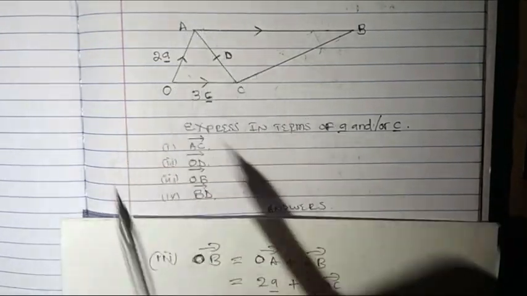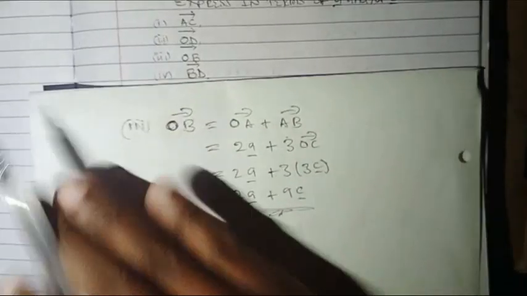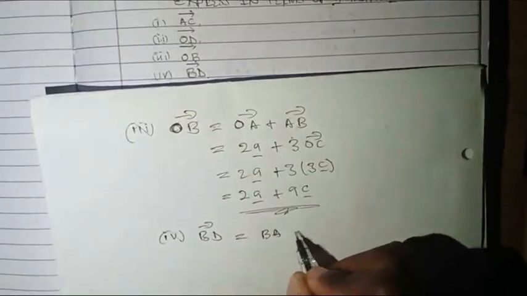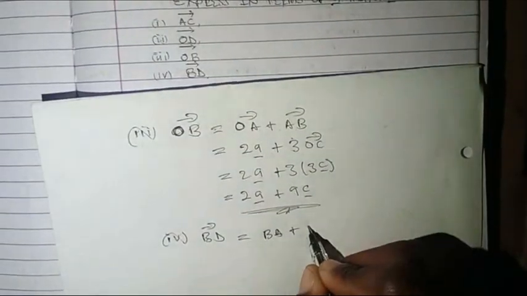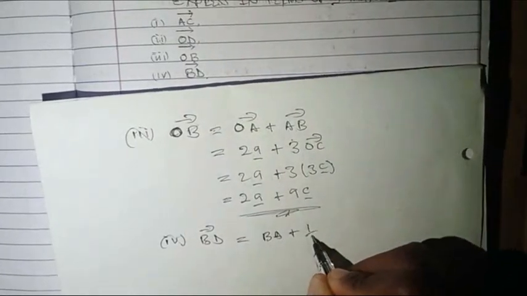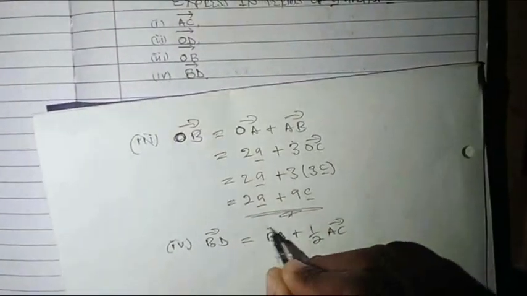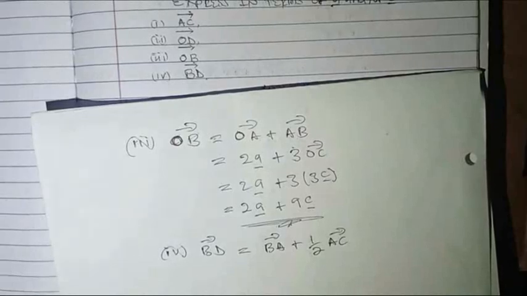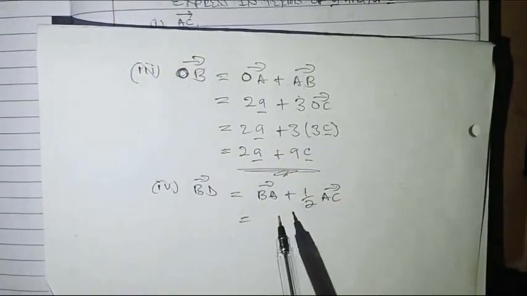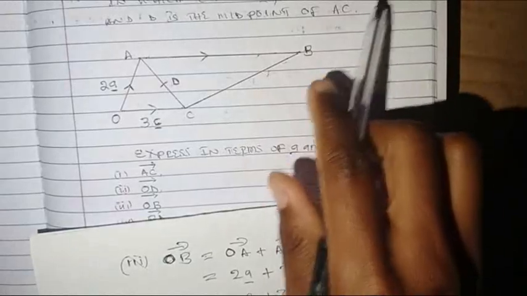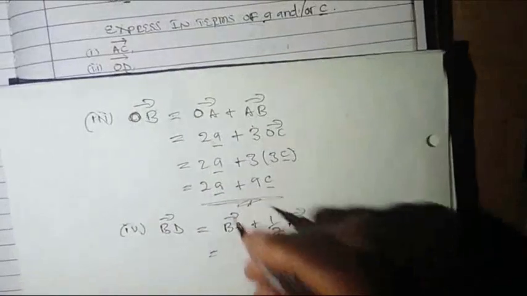So BD equals BA plus 1/2 of AC. What is BA? We already have been given AB, so we just add a minus to that, and that will be our answer.